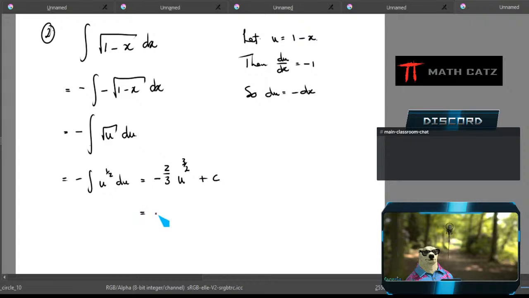And then I am essentially done. But the u was my choice. You could have called it something else. I chose to call it a u to help me. My end answer can't rely on that. So I just swap it back. Like so.